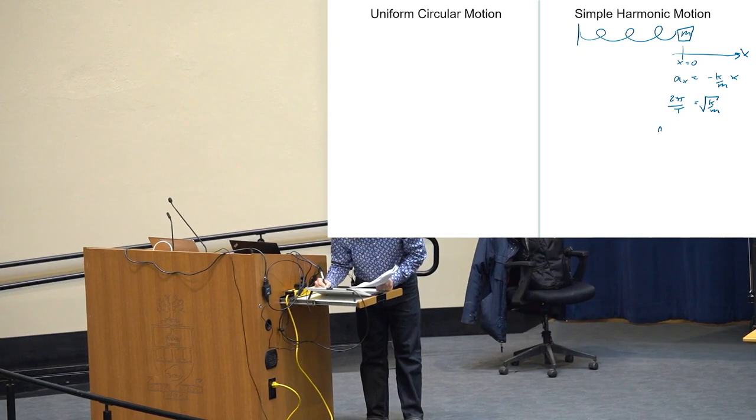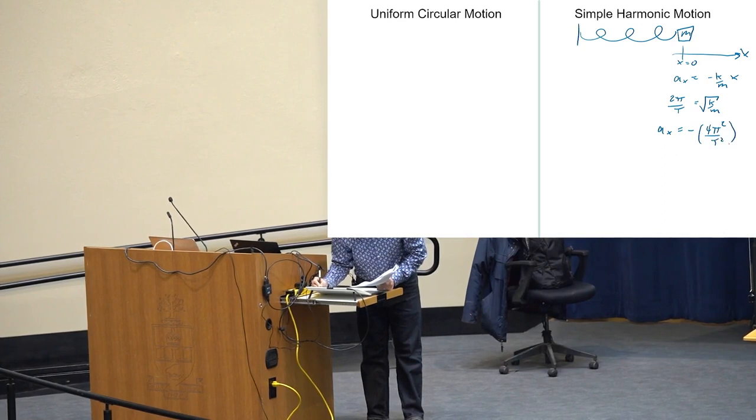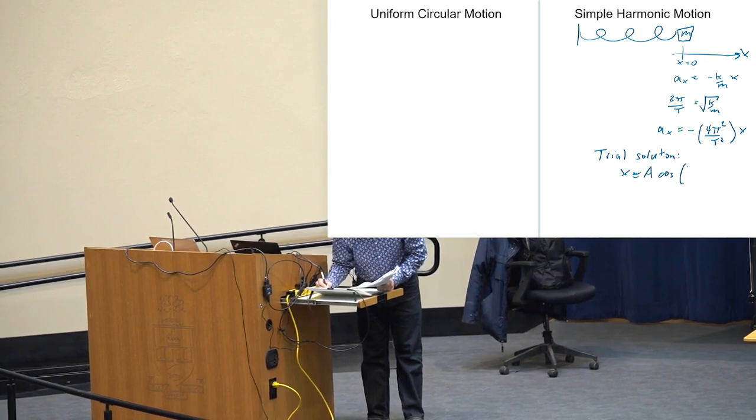So the acceleration in the x direction is negative 4 pi squared over T squared times x, the way the constants all work out. And the trial solution here is just that x is equal to A times cosine of 2 pi over capital T times t.